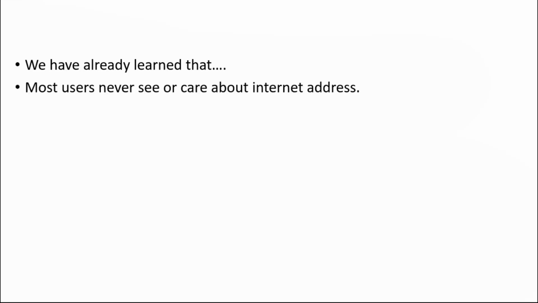We have already learned that most users never see or care about internet addresses, because an internet address is in the form of IPv4 or IPv6 format, which we don't understand easily.